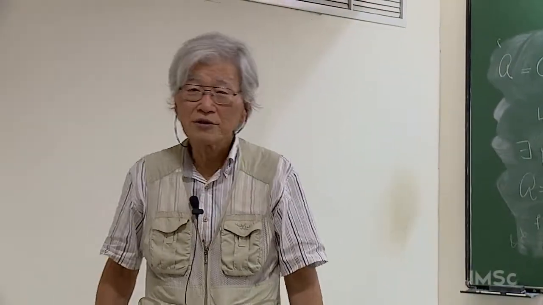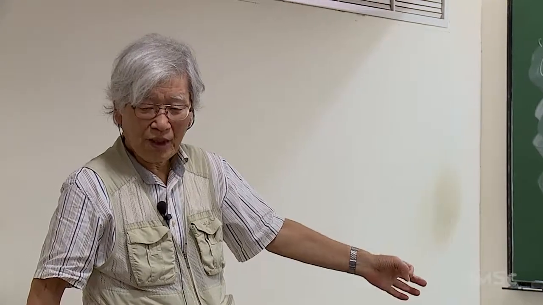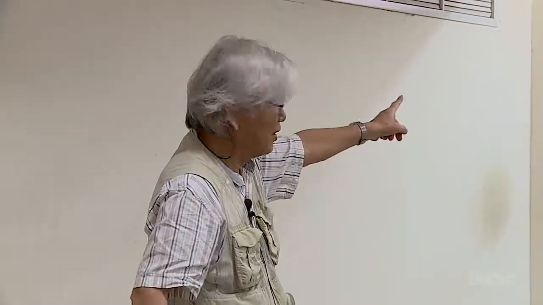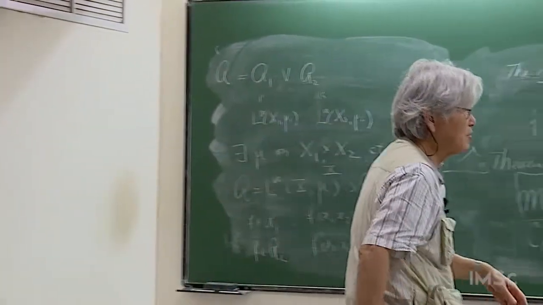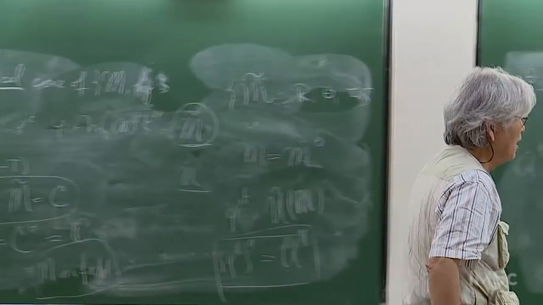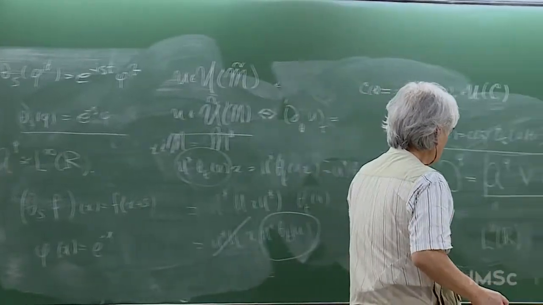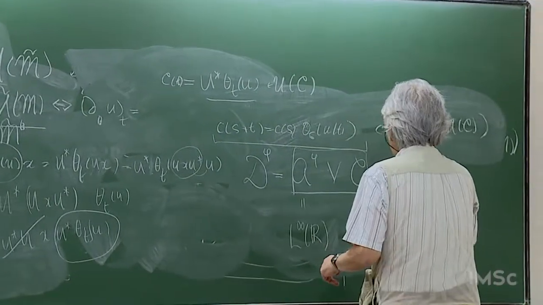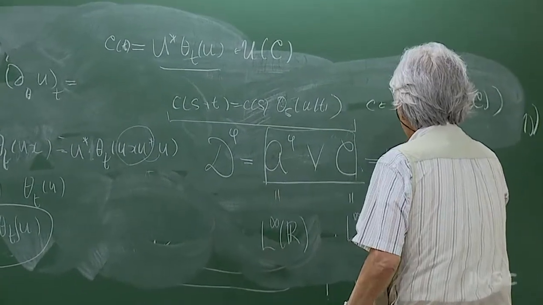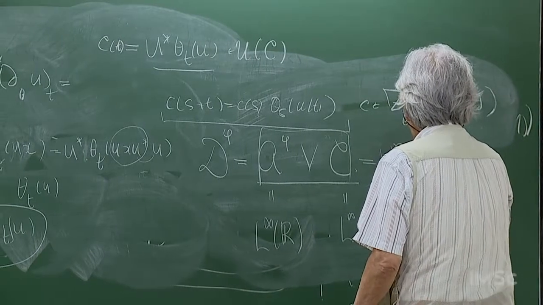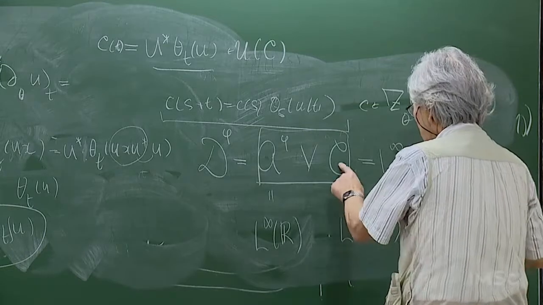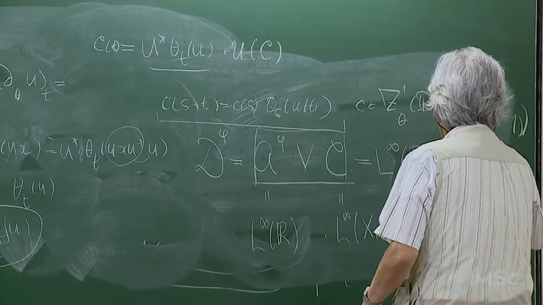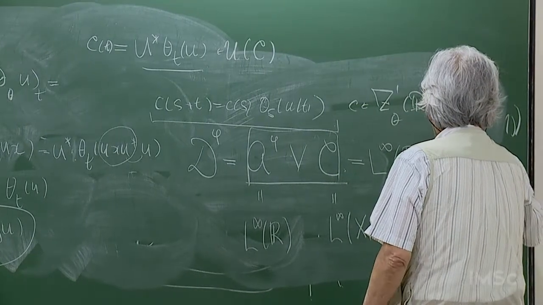That's the way you identify A1 and A2 within the algebra A. The same goes here. This one is L infinity of R cross X, with the measure, say, mu.